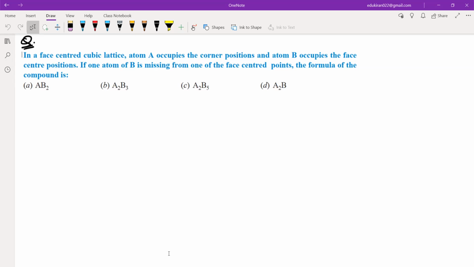Let us look at this question now. In face-centered cubic, atom of A, it is occupying. Okay, I think you guys are stuck, or you guys are doing. Tell me. If you are doing, then I can wait a bit more. Okay. What about Hamza and Heba? Yes, sir. Do, कीजिए.